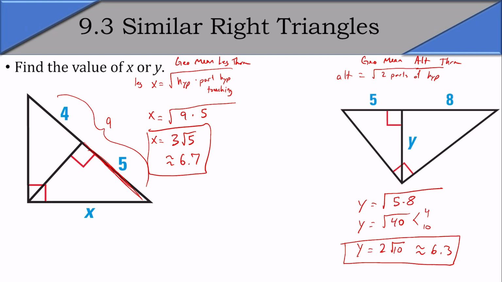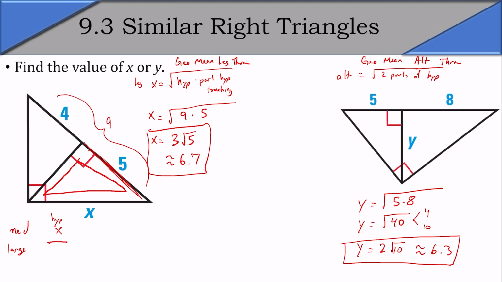Now these can also both be done just by using the similar triangles. On the first one, if I use the medium triangle and the large outside triangle, x is the hypotenuse of the medium triangle.